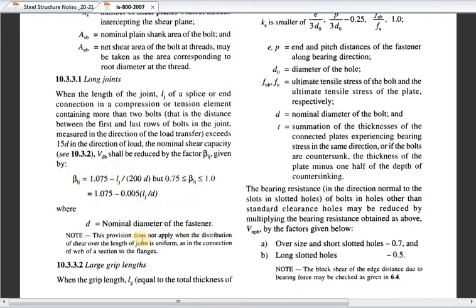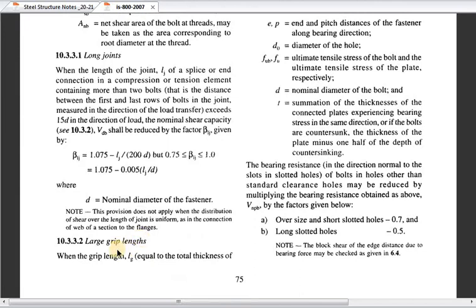Okay. Nominal diameter of the fastener. Again, if it is a large grip length, that means the grip length is larger. Here the joint length is larger. Here the grip length is larger.